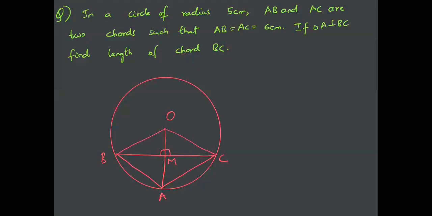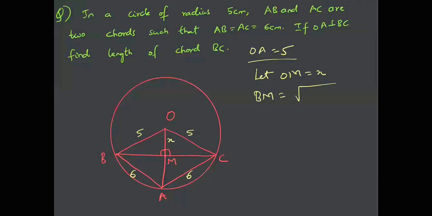So let us join OB and OC. Fine. So we know that OB is equal to 5 and OC is equal to 5, and also OA is equal to 5 since it is the radius. AB and AC are given to us as 6 centimeters. Fine. So let us take OM equal to X. So this length is X. Then what about BM?